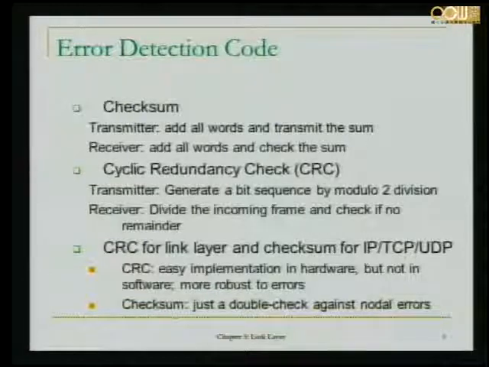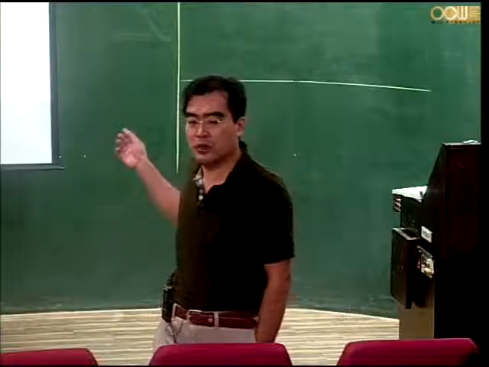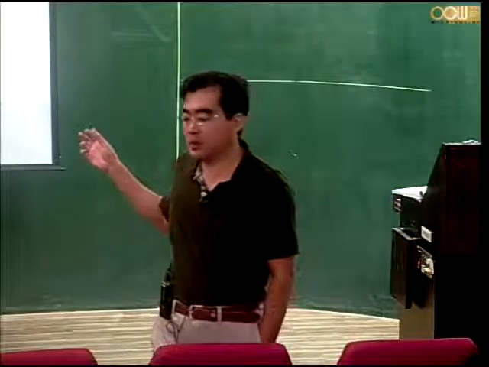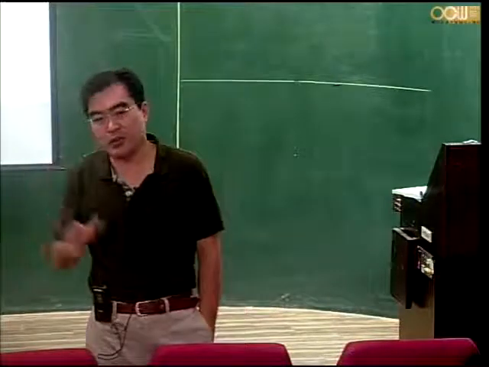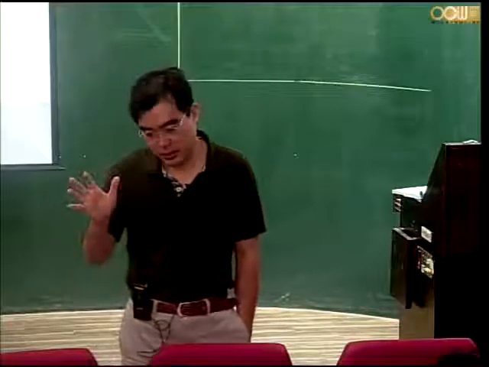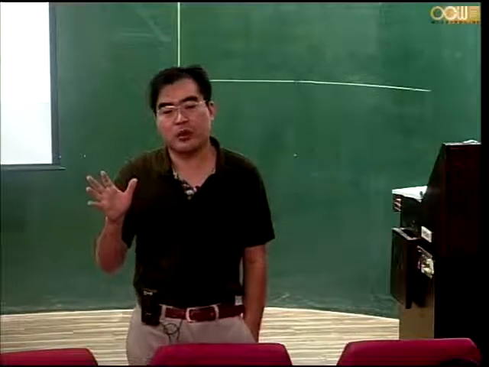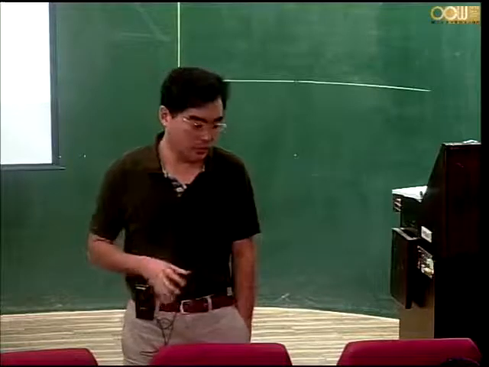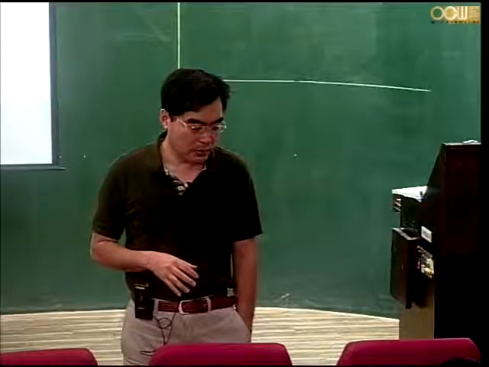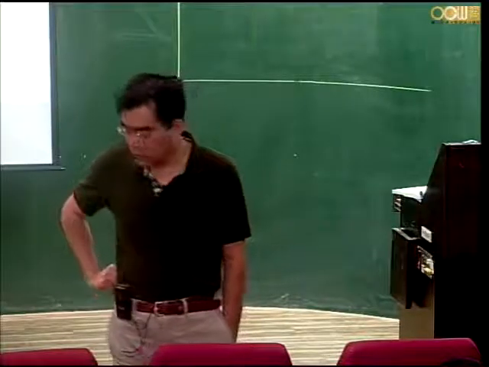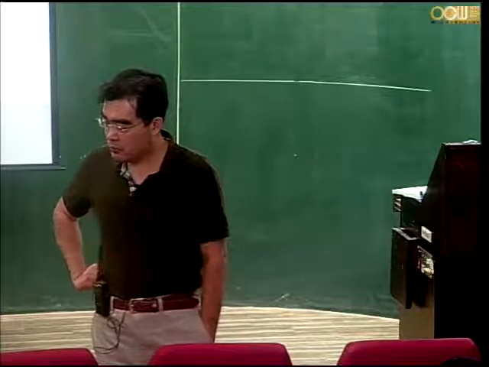In the meantime, in chapter 4 you will see that in IPv4 we have a checksum in the IP header, but that checksum field has been removed in IPv6. In the IPv6 header, there's no checksum, so that double check is skipped. What's the reason?